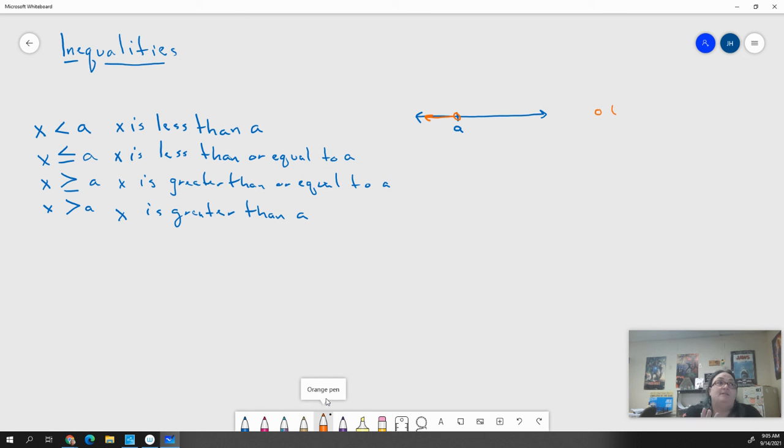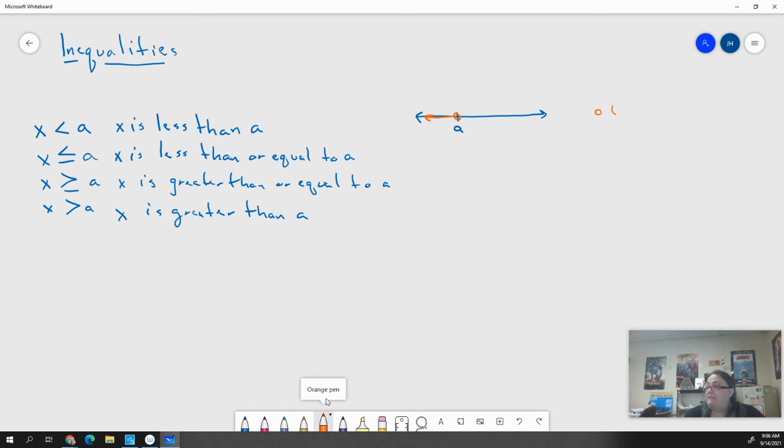Normally we have one, maybe two answers in terms of absolute values. But when we're dealing with inequalities, we have sets of answers, right? And in this case, the entire set of answers would be from A all the way to negative infinity, right? And everything that falls in that category is a true solution to the statement.